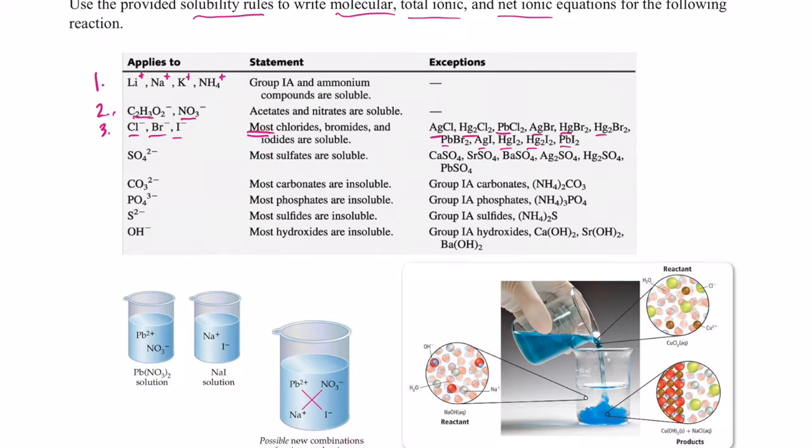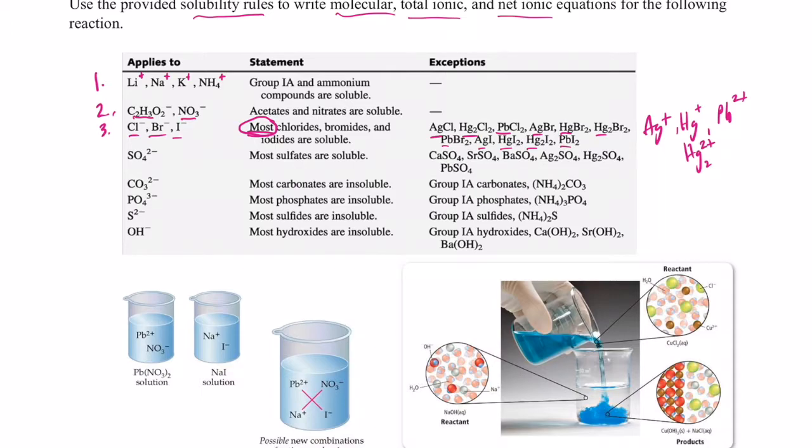So if I had zinc chloride, I would expect it to dissolve in water. If I had cesium iodide, I would expect that to dissolve in water. If I had manganese 2 bromide, I would expect that to dissolve in water. So almost all chlorides, bromides, and iodides are soluble except for silver, mercury, and lead. And you'll see that that goes for the mercury 2 plus ion as well.